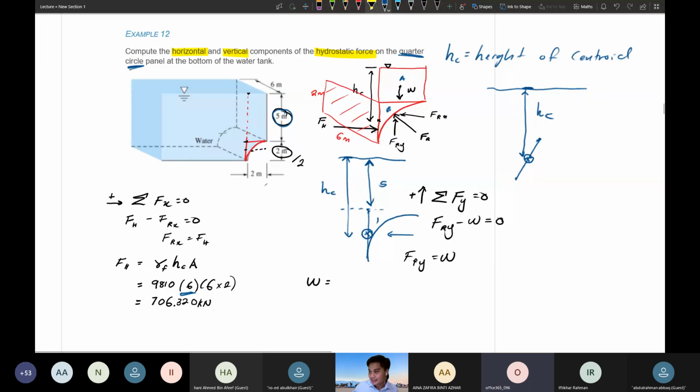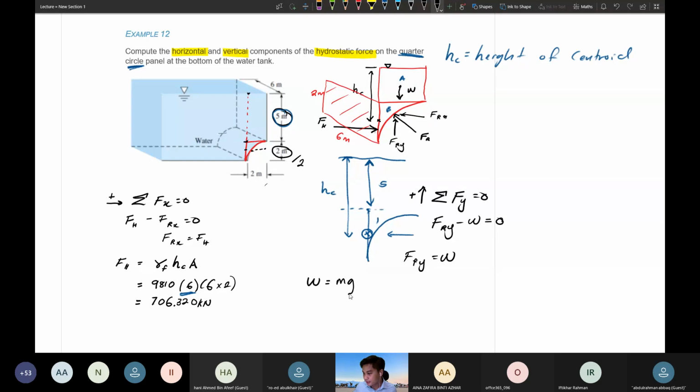Okay, let me draw here. So my mission here is to get this volume only. Because what's the formula of weight? Mass multiply with G, gravity. Perfect.